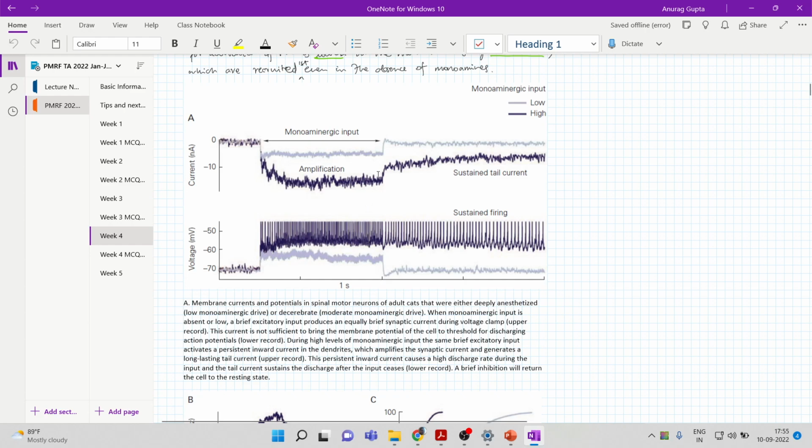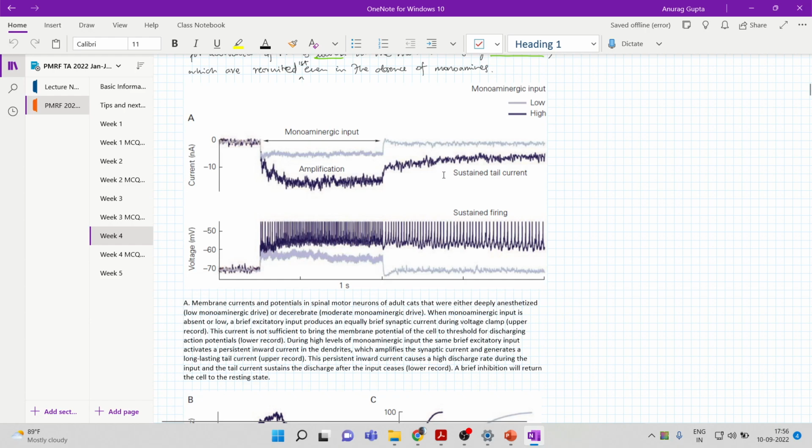Then once the monoaminergic input is removed, the influence is still there, due to which the input current does not go back to its baseline.